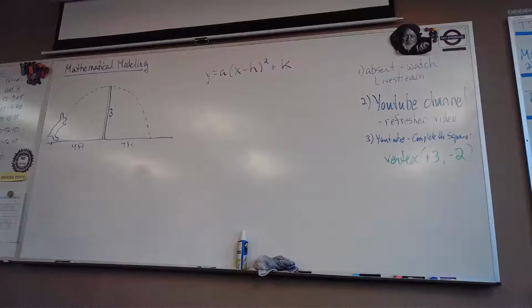If you were looking at that picture and you were visualizing it being superimposed on a set of graphing axes, where would you put the origin and where would the vertex of that parabola be? Go ahead and give that a little bit of thought. Where would you put the origin and where would the vertex of the parabola be?